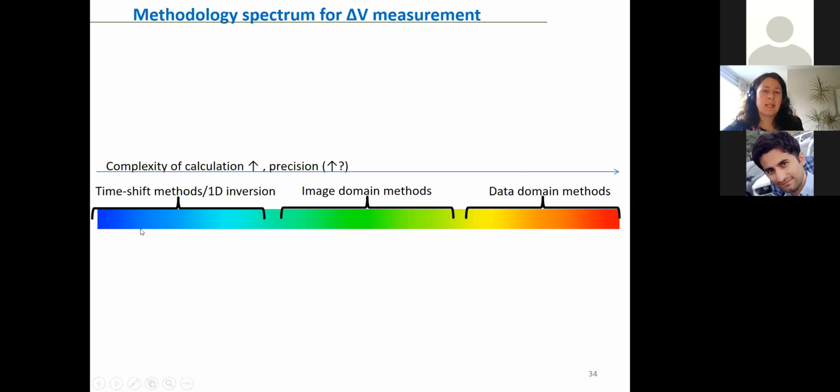And at the same time, you have to evaluate what the physics of your problem are. So is your velocity very complex? Do you have large dips? Do you have thin layers? Are your surveys very repeatable, and so on? And also, finally, what are your computational resources, and do you have the data?